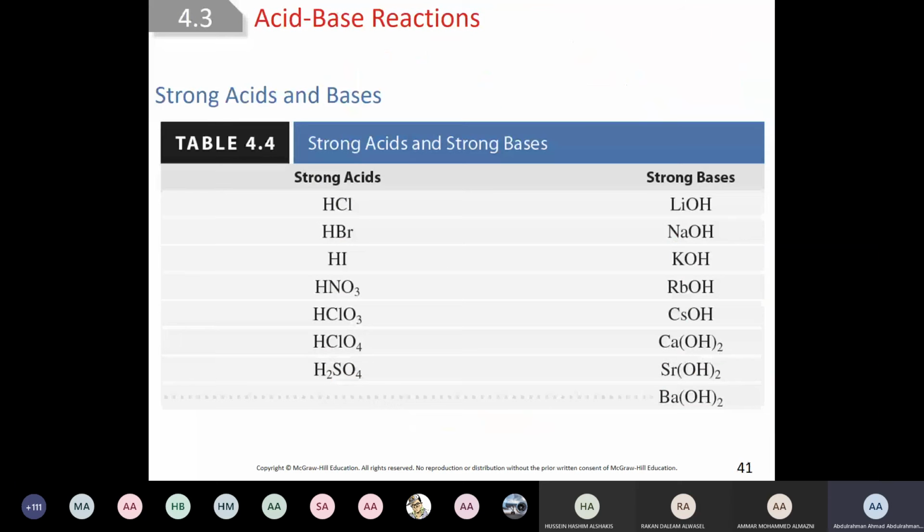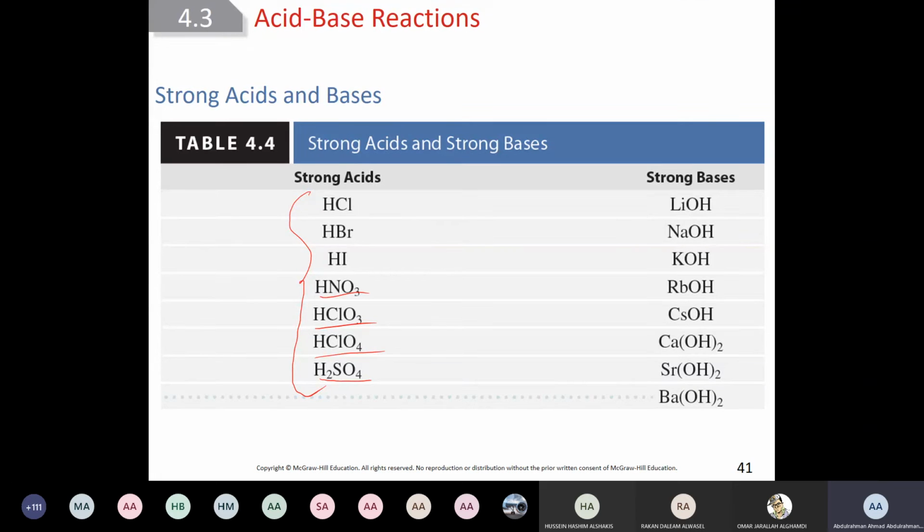Of course, we know the strong acids, we took them before. Did we see them before? Yes. HCl, HBr, HI, HNO3, chloric acid, perchloric acid, and sulfuric acid. These are the strong acids.